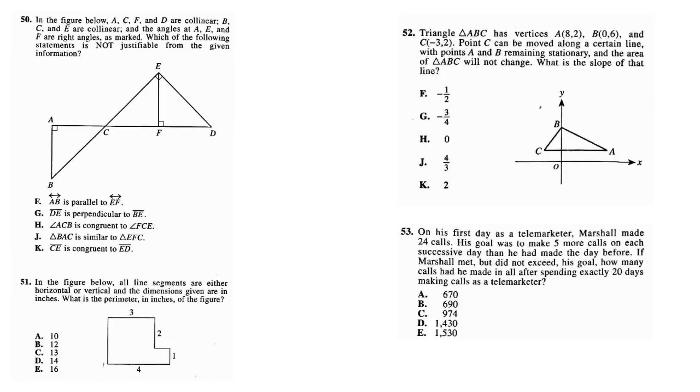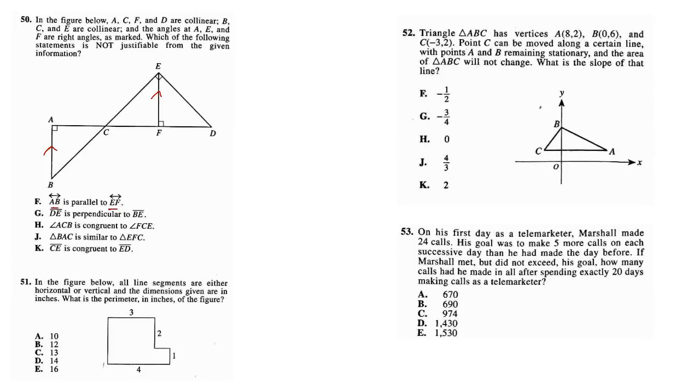So let's start with answer choice F. And answer choice F says AB, so the segment AB, is parallel to EF. Well, notice that they are both perpendicular to the same line.